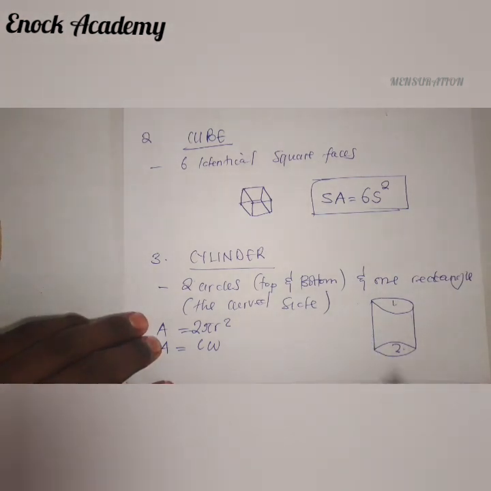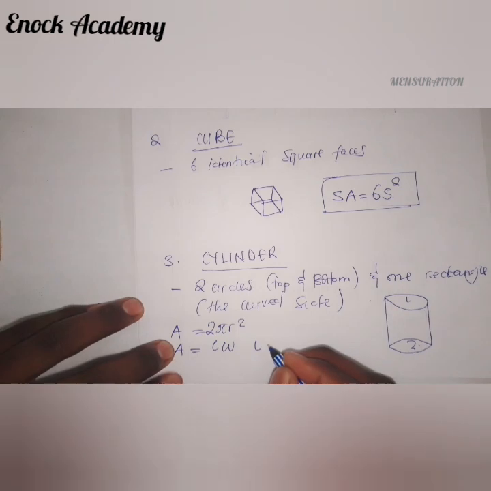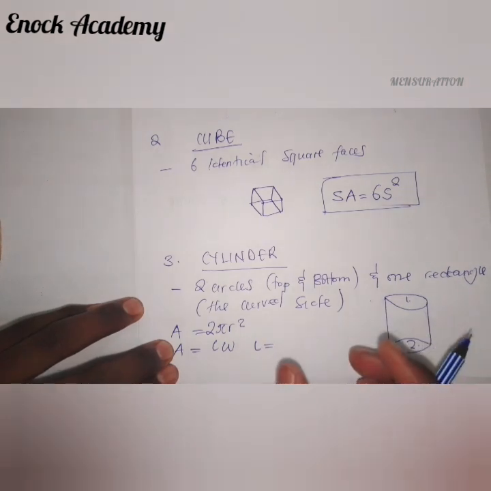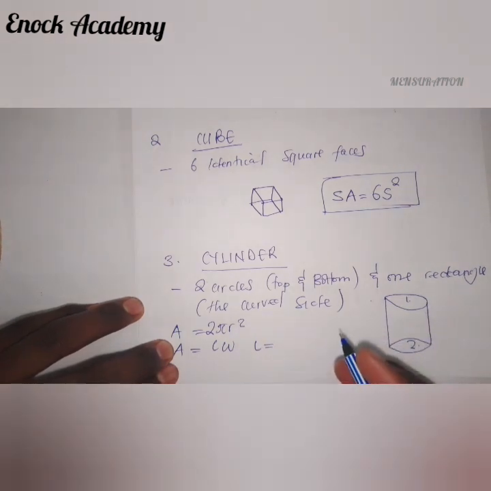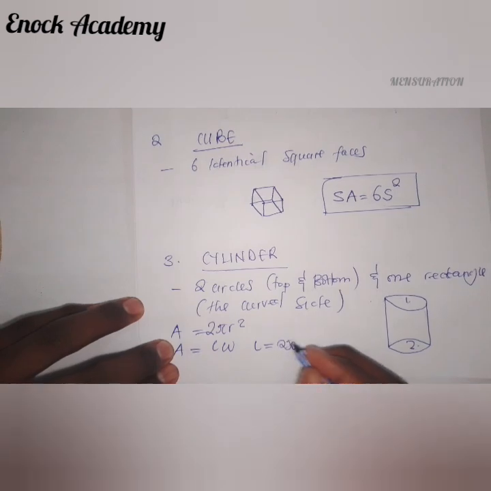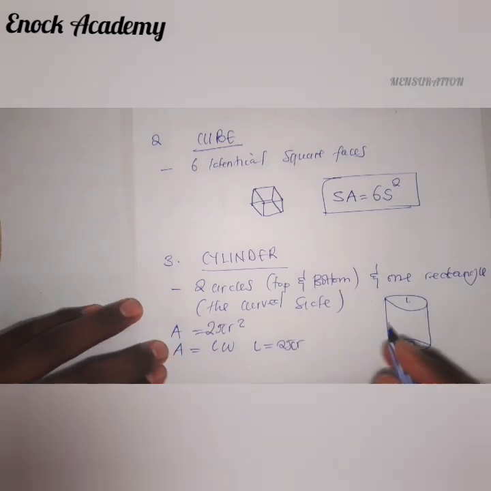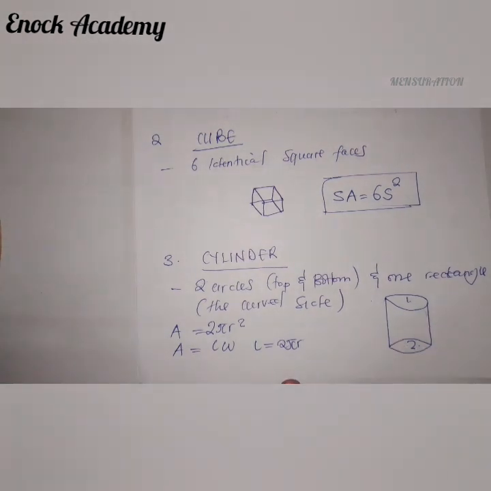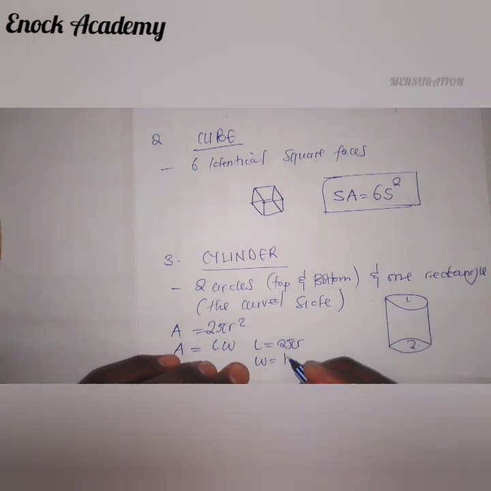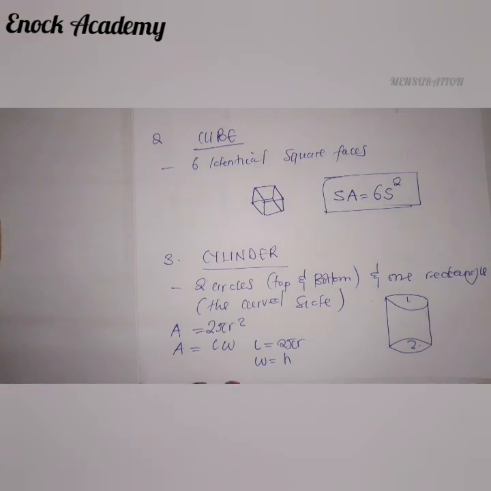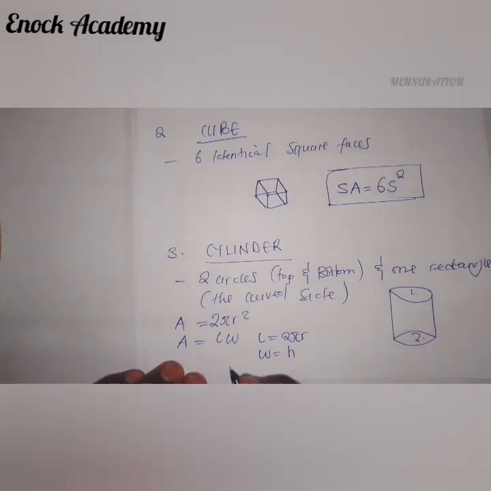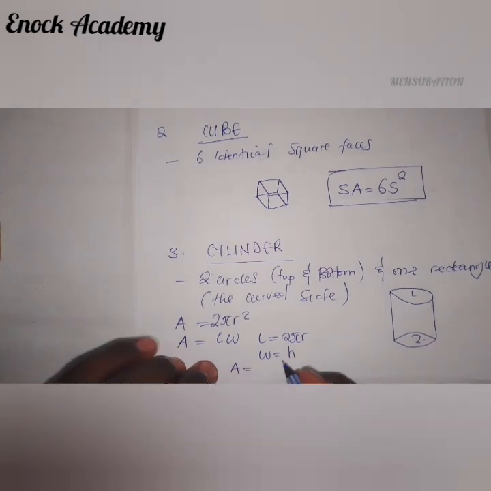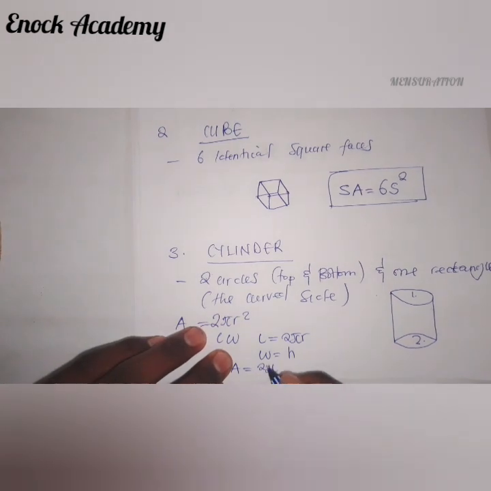So our length is 2 pi r. Then our width is the height of this cylinder, so it's h. We multiply these two, we combine them. The area of the rectangle is equal to 2 pi r h.